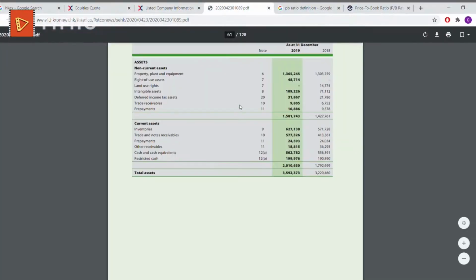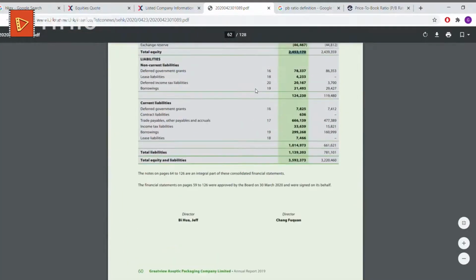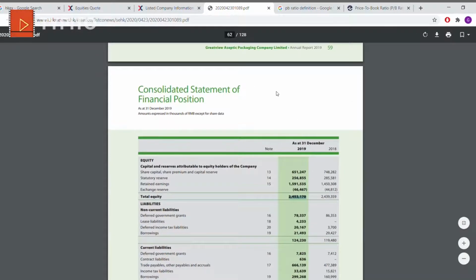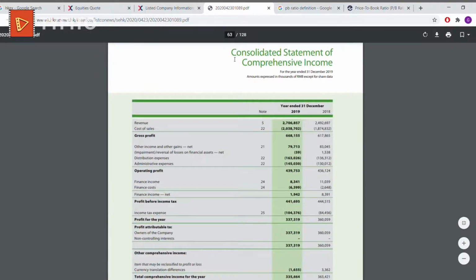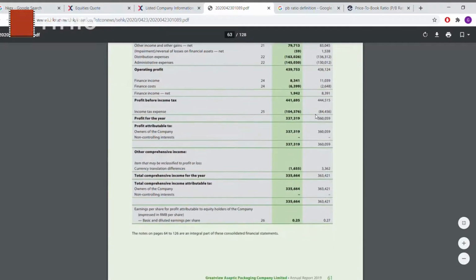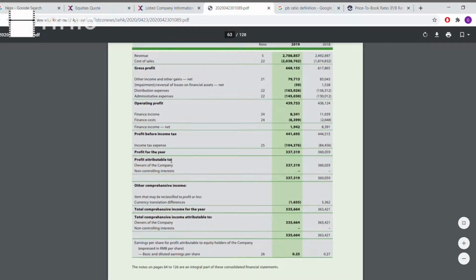Let's go back to the annual report, and we will look at the income statement portion. This is the statement of comprehensive income, and I will look at this particular line, profit attributable to owners of the company. We do not care about other comprehensive income. The PE ratio calculation is actually based on the net profit, which is this line over here.